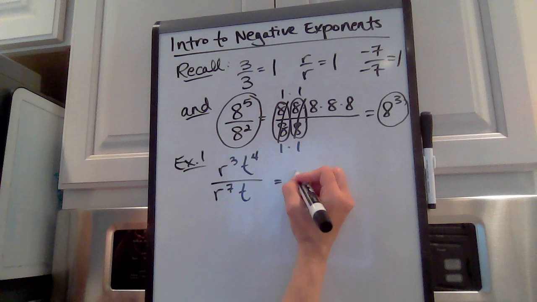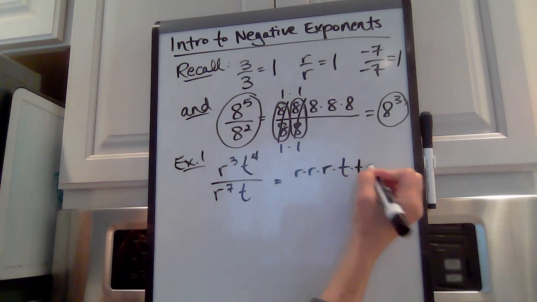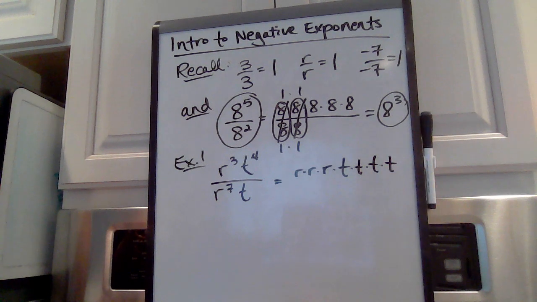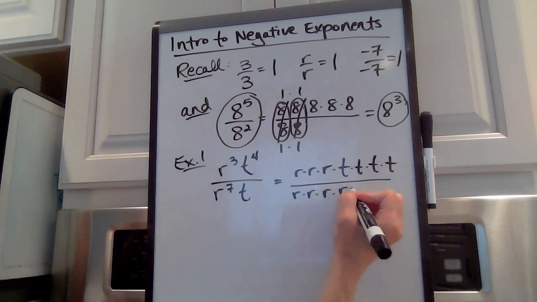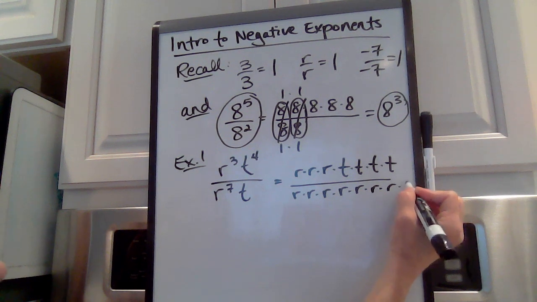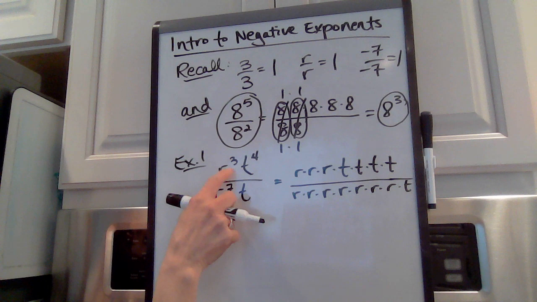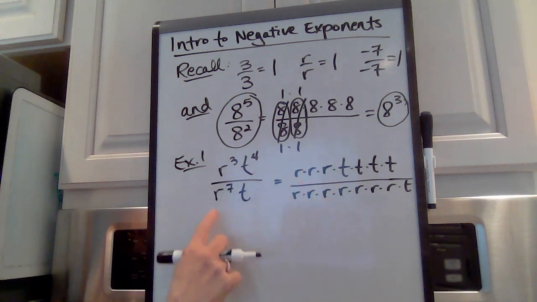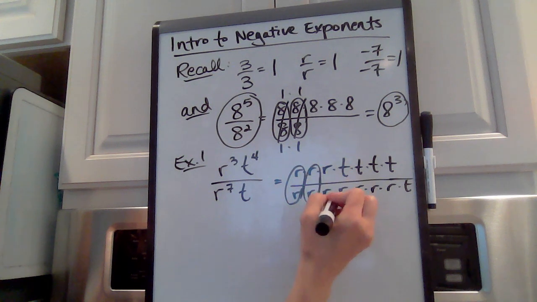And this becomes r being multiplied by itself 3 times, t is multiplied by itself 4 times. In the denominator, we have a lot of r's. We have 7 of them. And a t. So these 3 r's right here pair up with 3 of these r's to create all of these 1s. R over r is 1.